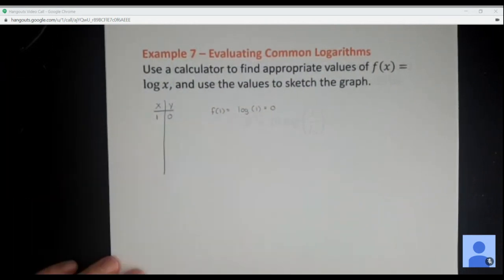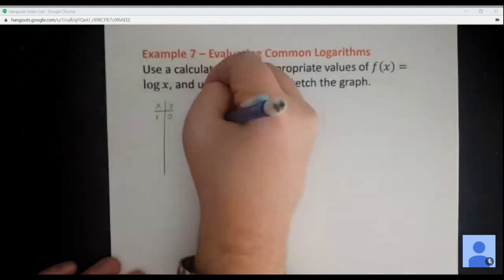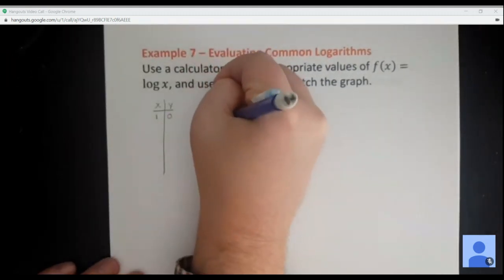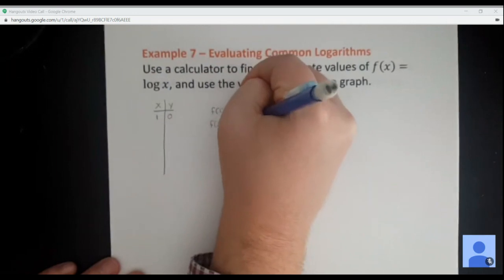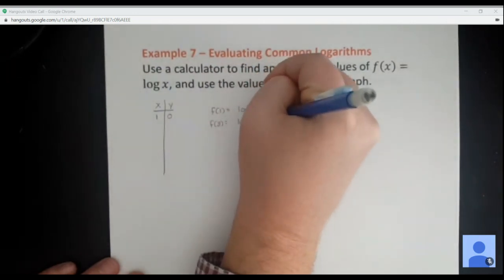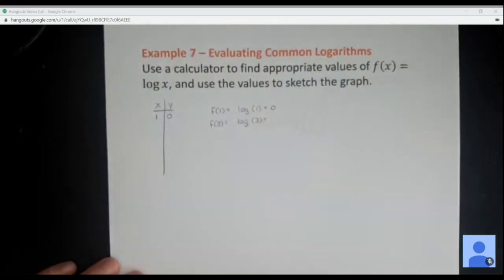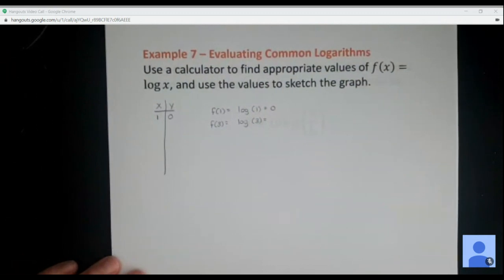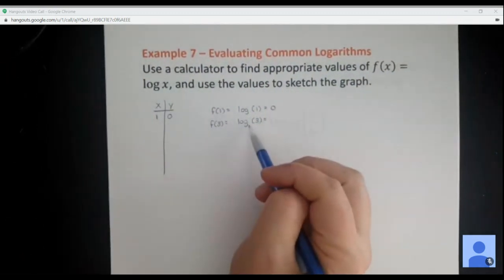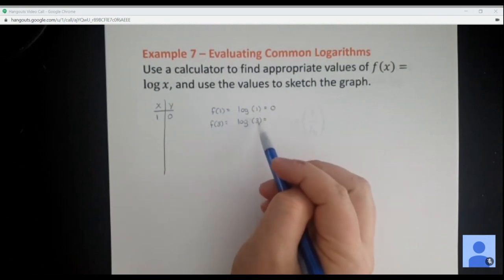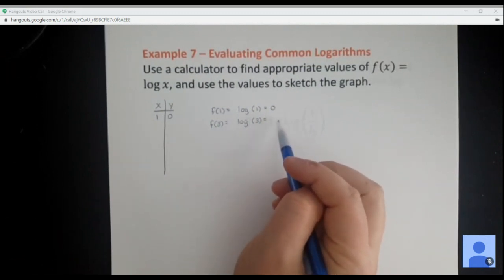All right, what other values do you want to check? Three, okay. We're looking at log of 3. Remember, this is a common log, which means the base is 10. I don't know what power of 10 is going to give me 3. I don't know how to find that exponent.